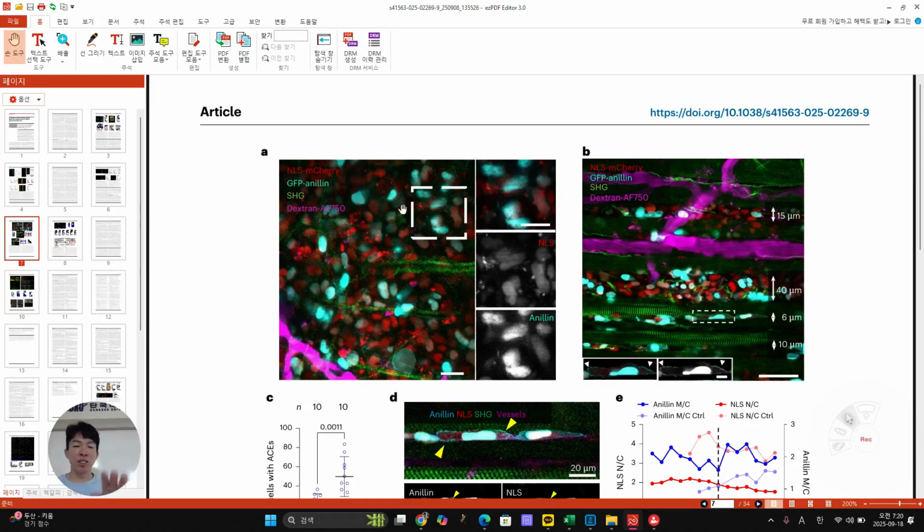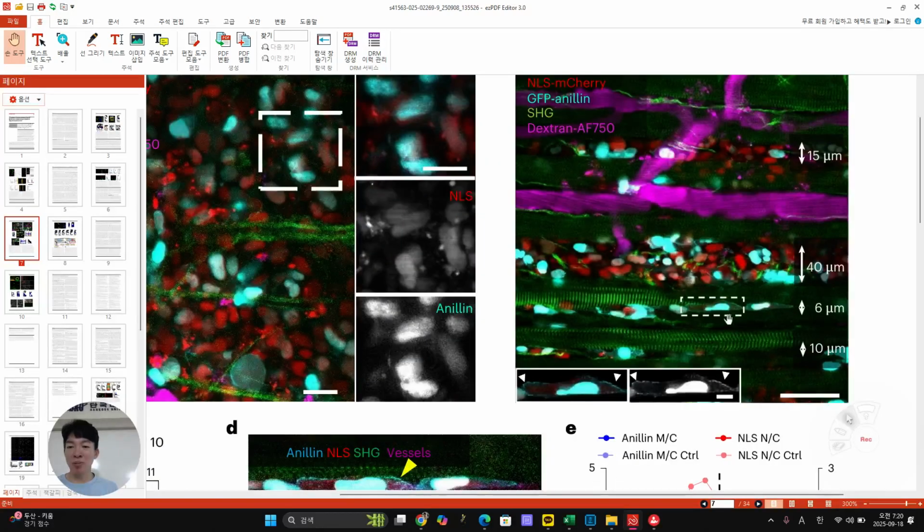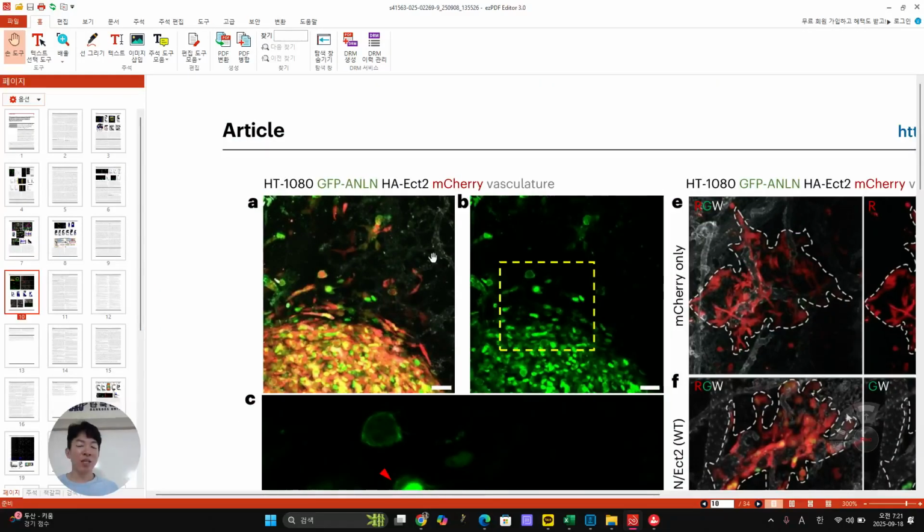So here, this is a non-confined structure. When they're confined by blood vessel or muscle or collagen structure, and when they're squeezed inside the blood vessel like this, they're confined down to 6 micrometers.